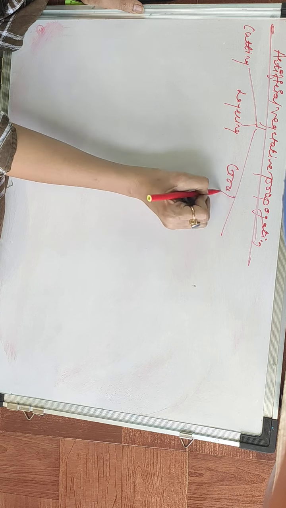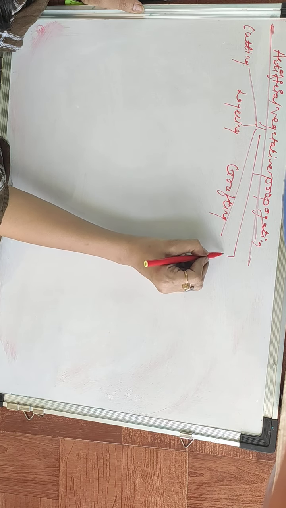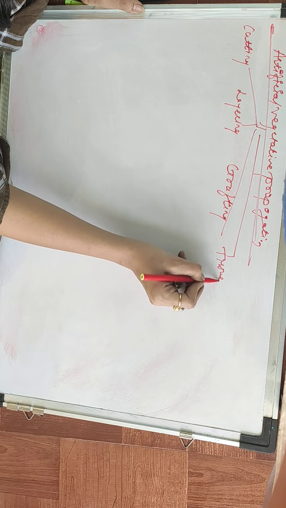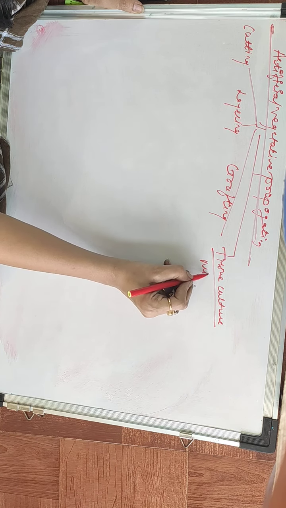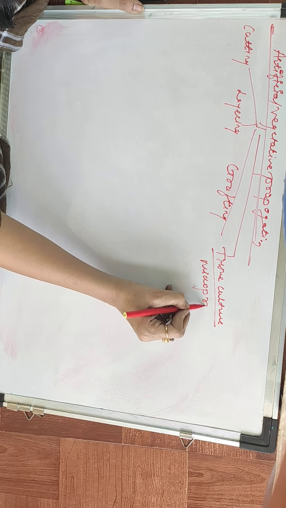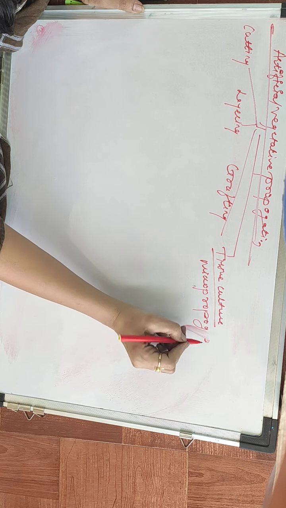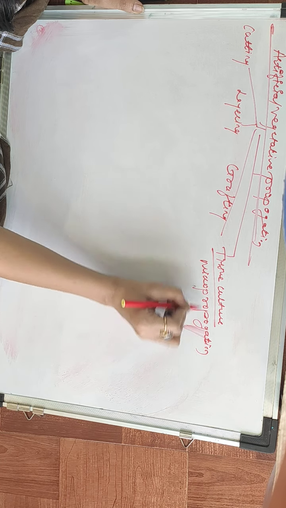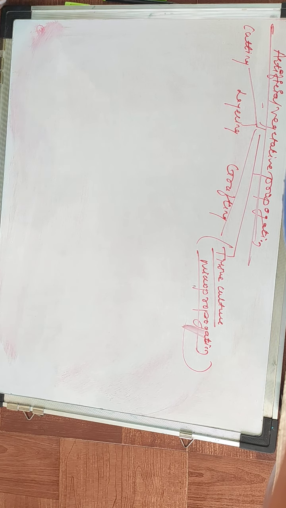Third is known as grafting. Fourth is called as tissue culture, and this tissue culture is known as micropropagation. We will see all these artificial vegetative methods one by one.